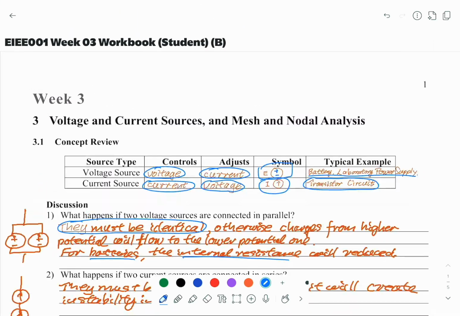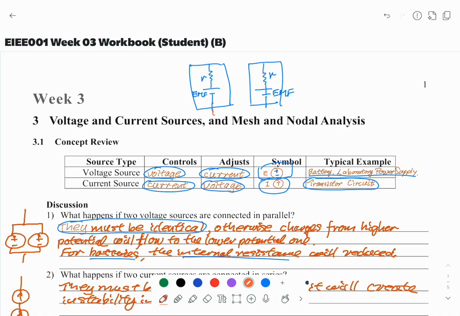Let's look at it in detail. So we'll say a battery is modeled as an internal resistor plus an EMF. Now, if this is your first battery, and now you have another battery connected in parallel, like this, with the same EMF.